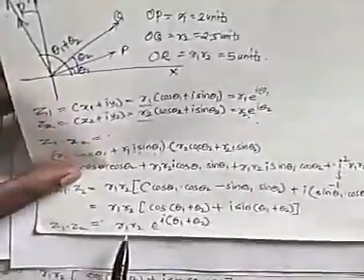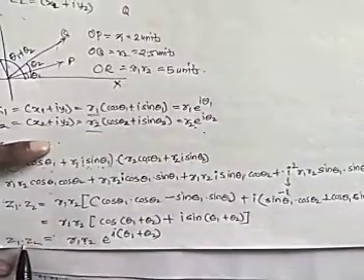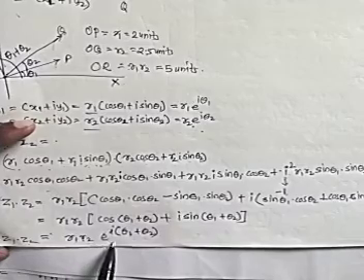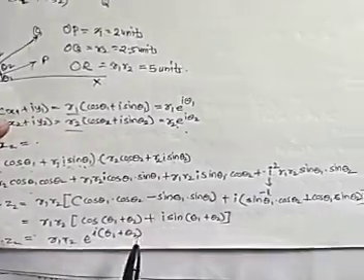Okay. So if we are getting this structure, Z1 Z2 is equal to R1 R2 e raised to I (theta 1 plus theta 2).